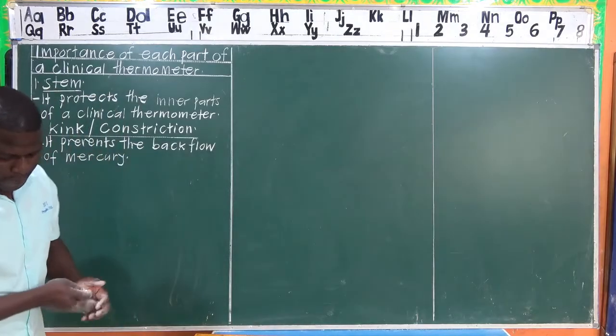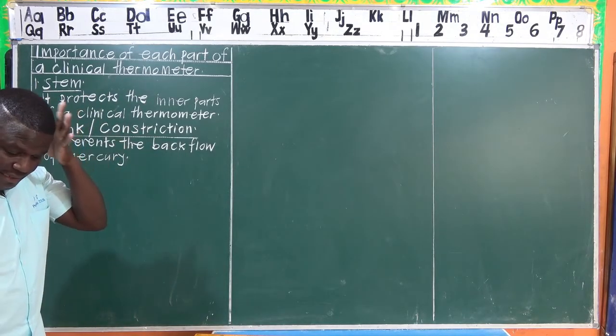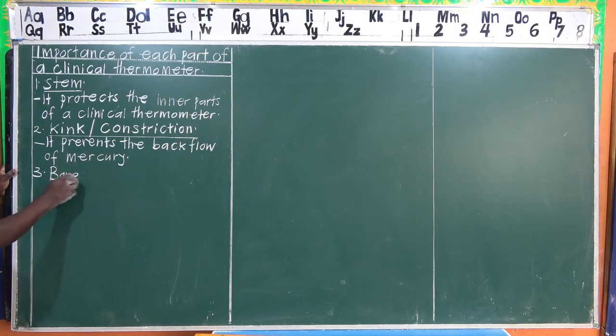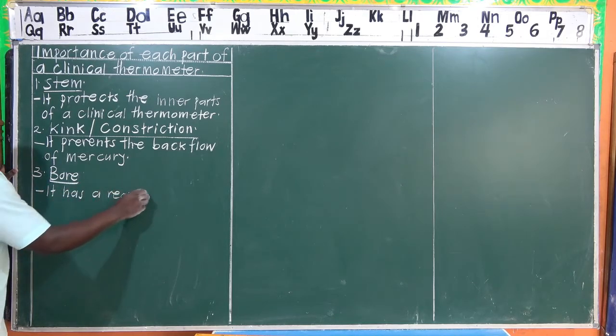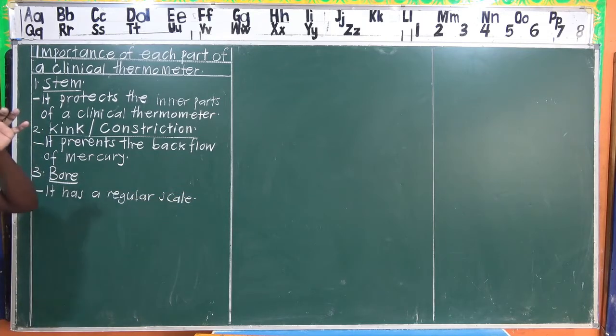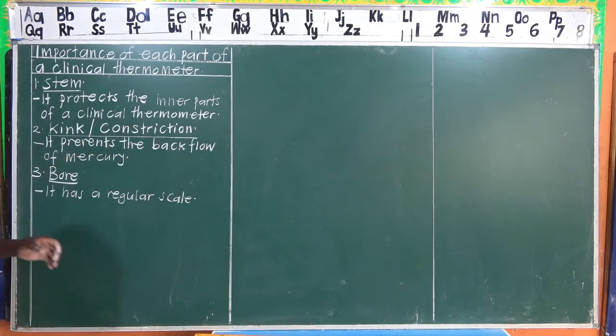Then we have what is called the bore. The bore has a regular scale, so it has a scale which we use to read. Then the bulb stores mercury.